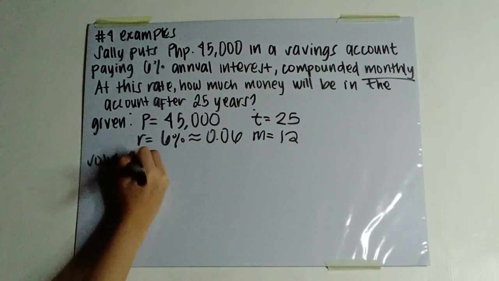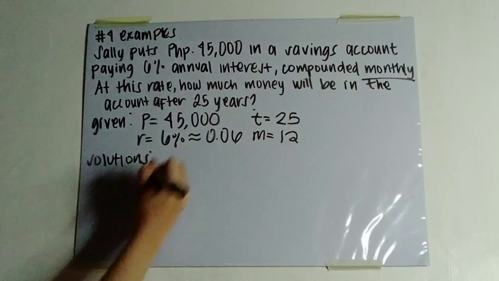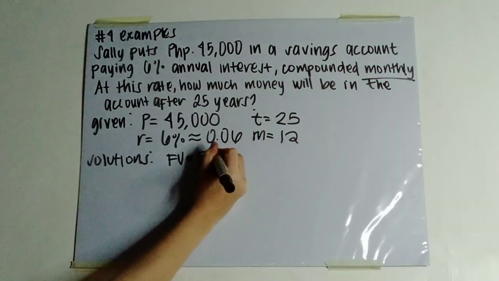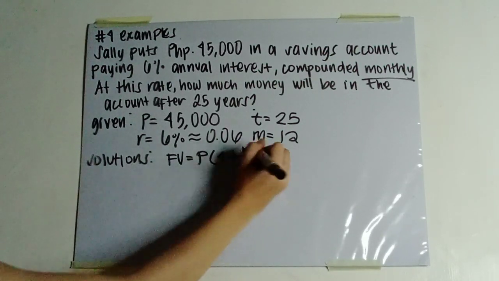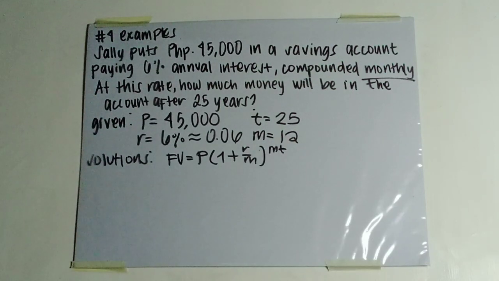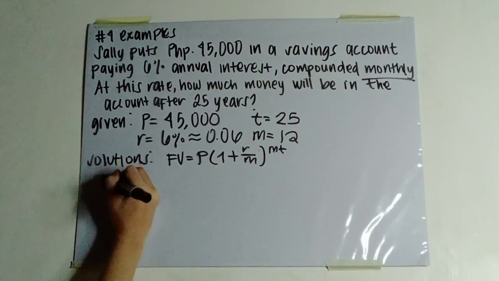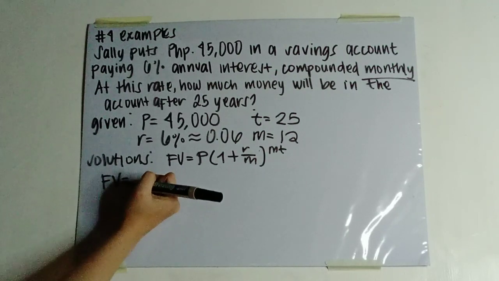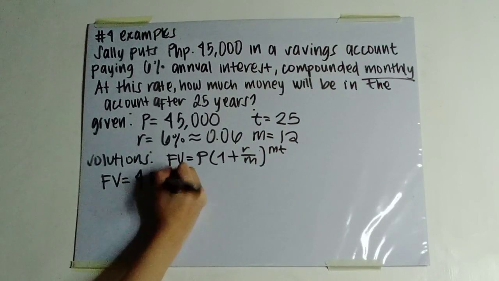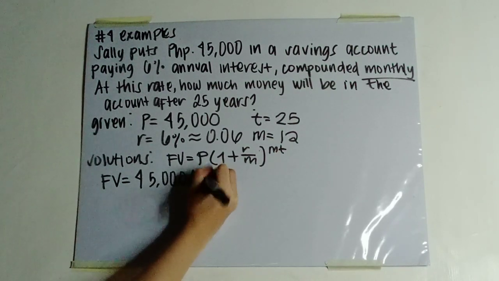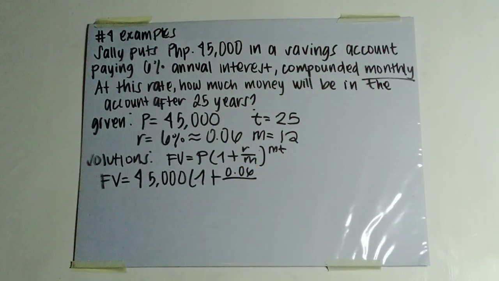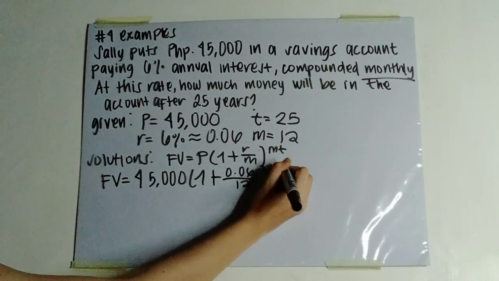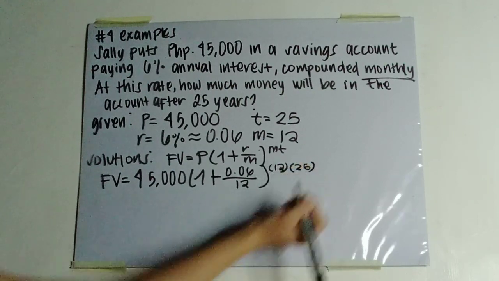Write the solution. The formula is FV equals P times 1 plus R divided by M raised to MT. So FV equals 45,000 times 1 plus 0.06 divided by 12, raised to 12 times 25.